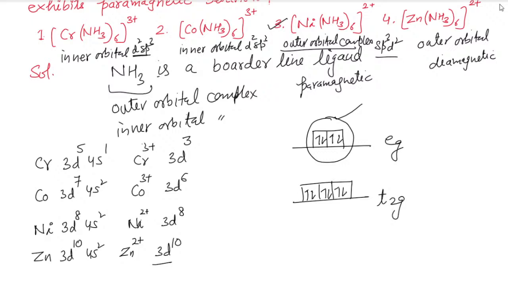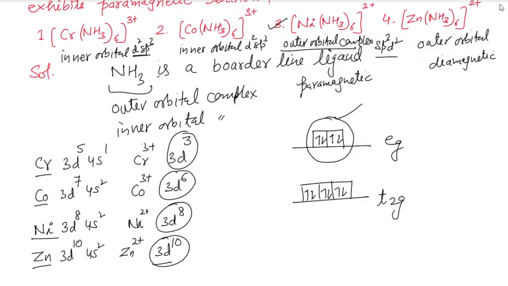Beta, is this third question clear to you? Any doubt in this question? Just write the electronic configurations. When you write them, you come to know that it is 3d3, 3d6, 3d8 and 3d10.